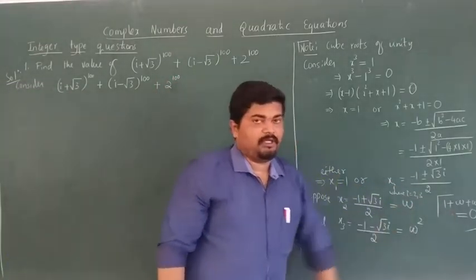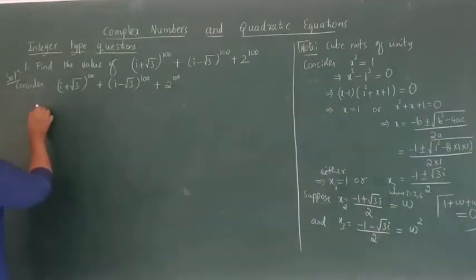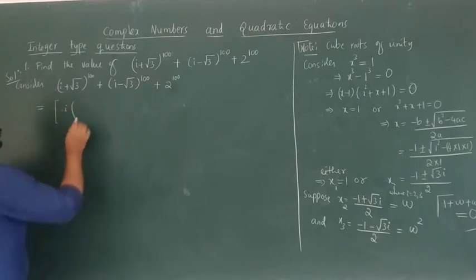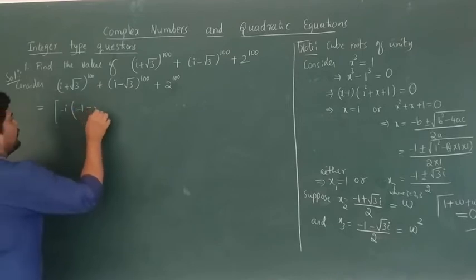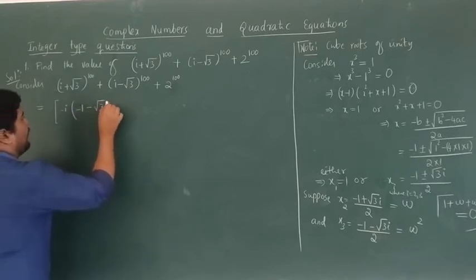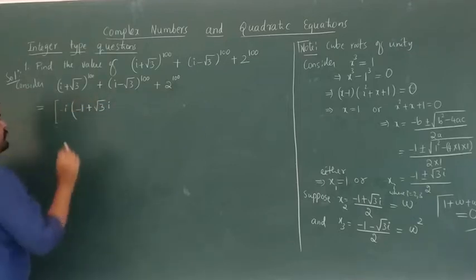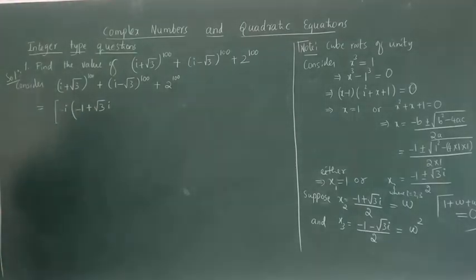Let us do that. Now here I can take out minus i as the common term. I can write this entire term as minus i into (minus 1 minus root 3 i), because i into i is i square, minus 1 into minus this one, must be equal to plus, isn't it?